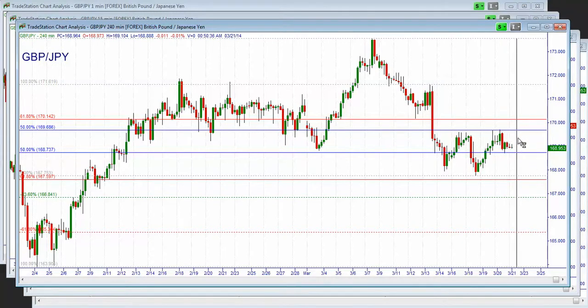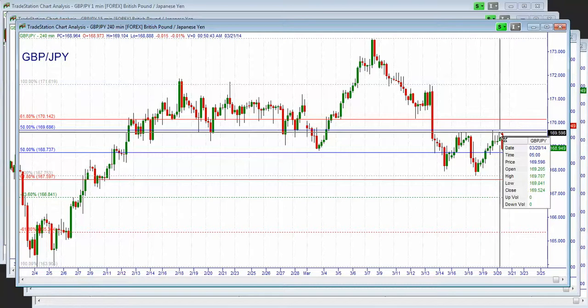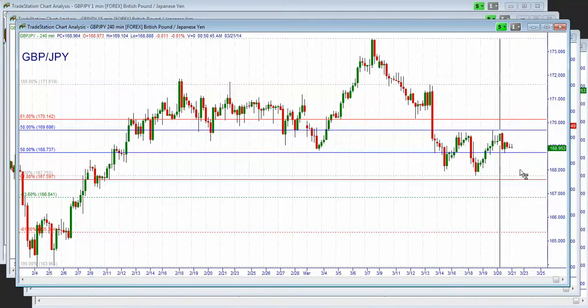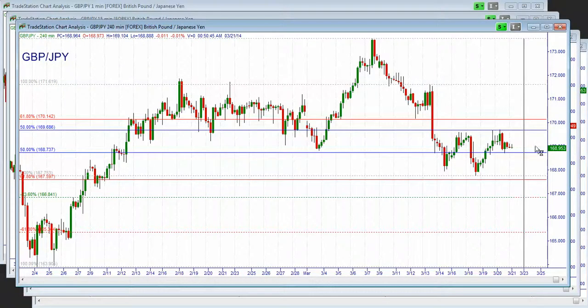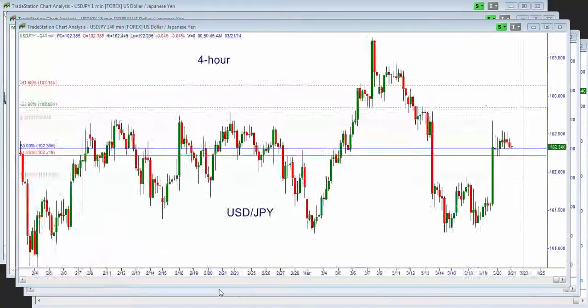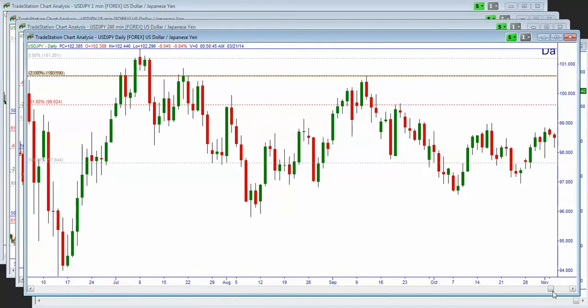So this short is actually in place, the long is still holding. This market is undecided at the moment. If we move above this 170.16, then there's a possibility for a continuation higher. And this is it for the Japanese yen majors.